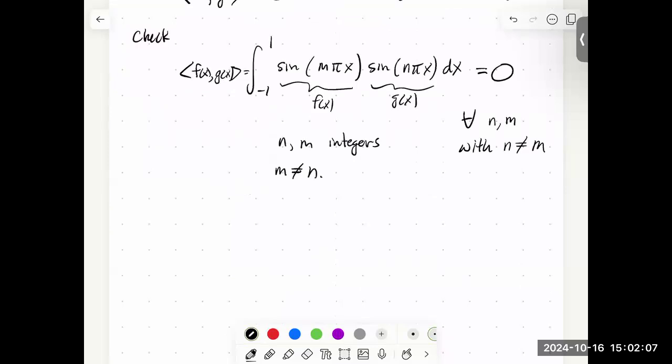And so what you can say then is that the set of functions sine n pi x is a set of orthogonal functions. So they're all going to be orthogonal to one another. So sine n pi x defines a set of orthogonal functions.